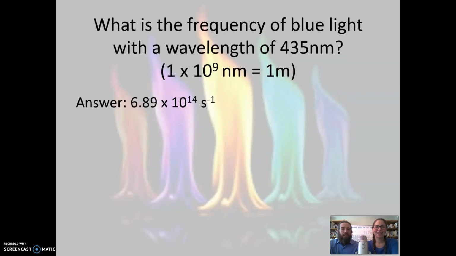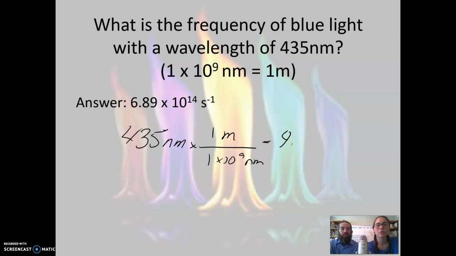So here's your answer. Do you want to walk through this, set up the formula? If you'd like. We have 435 nanometers. First, we have to put that into meters because we want to be able to use our formula. This is 4.35 times 10 to the minus 7th meters.